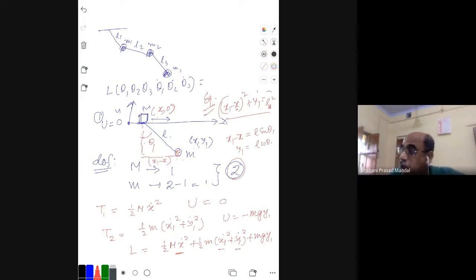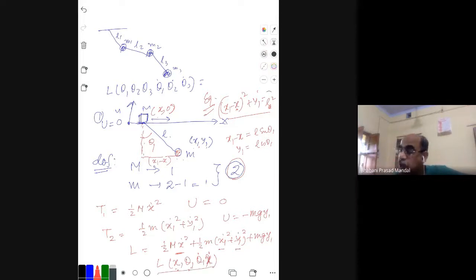So I can substitute my x dot, y dot, put it in the Lagrangian, and I can get the Lagrangian. Again, it is your job. I have done everything, the only thing left is the differentiation and substitution. So you find the Lagrangian in terms of x and theta 1 dot. Okay, 2 variables, 2 generalized coordinates, one is x, another is theta 1, and x dot also.